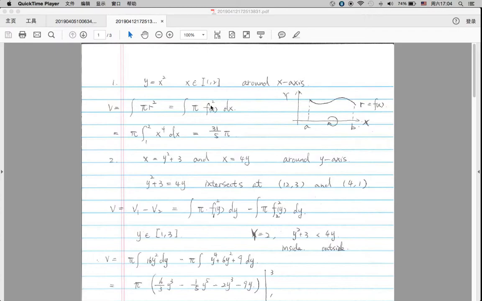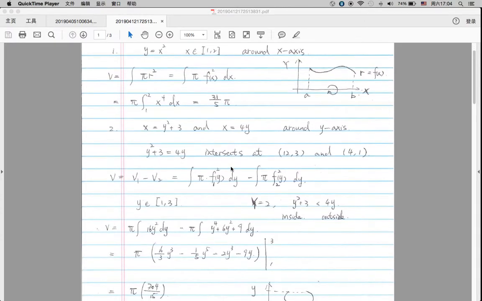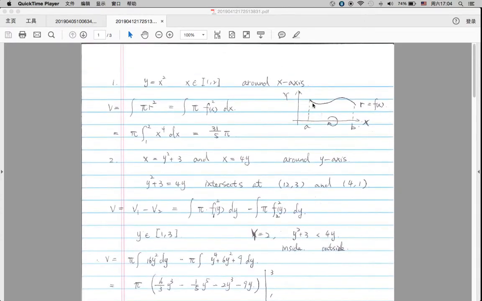So we substitute f of x as the radius, then we take the square of f of x multiplied by pi and integrate over the interval from a to b, and then we'll get the volume. For example, in this case, we have one line revolving on the x-axis, so we calculate the volume by applying this formula, and then we'll easily get the volume of the shape.